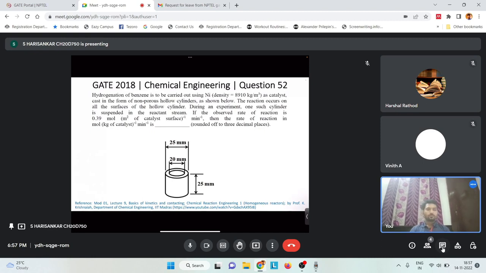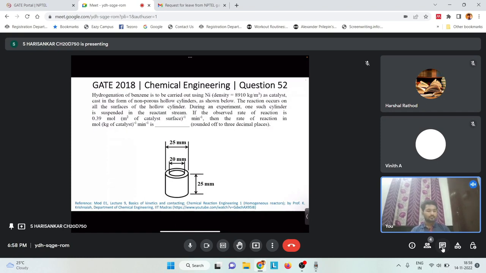So here in this question, they are trying to carry out a reaction using a catalyst by dipping this catalyst into the reaction stream. This catalyst is in the form of a hollow cylinder with the dimensions as given here.